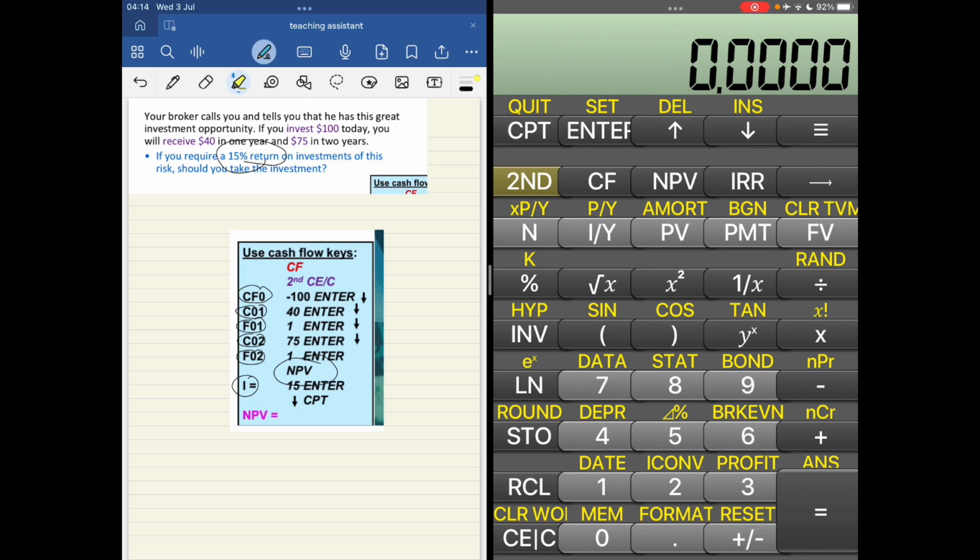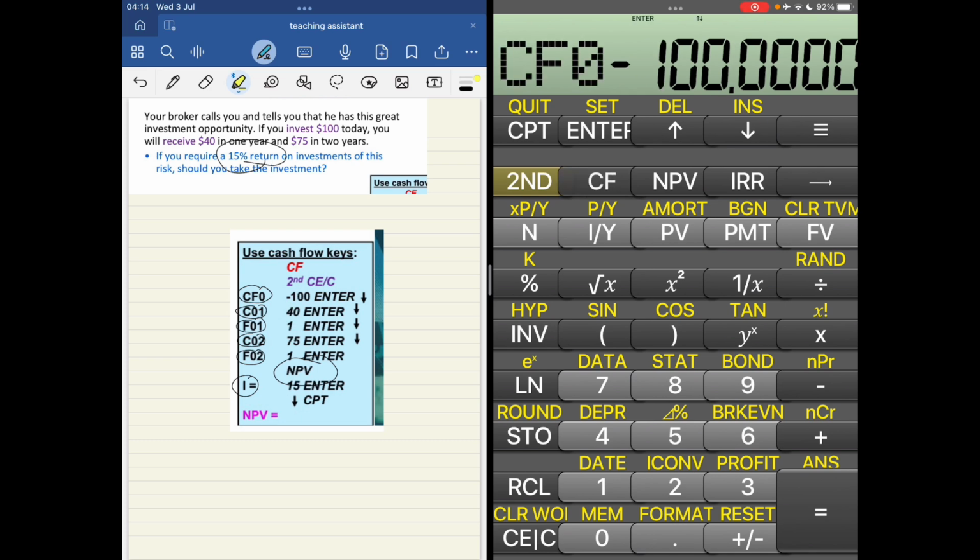The first step is to press CF on the second row of the calculator to activate the cash flow function. The next step, you have to press second and then CEC, which is located in the last row, in order to clear all the previous work you used to have on the calculator. Then on the screen, there is CF0, the first cash flow.